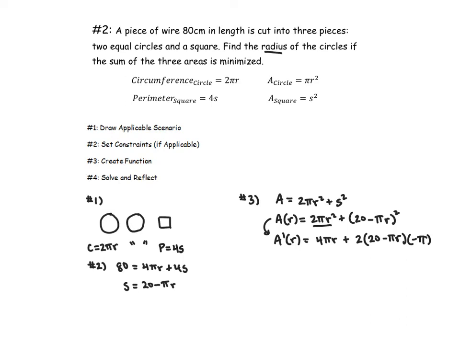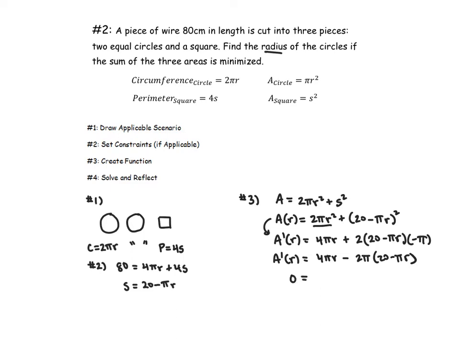Use your skills in chain rule to do that. Let's clean this up a little bit. So that'll be 4 pi r minus 2 pi times 20 minus pi r. Now we want to set it equal to 0.